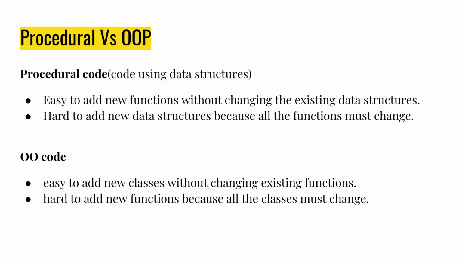The thing about this is that we have two approaches, procedural and object-oriented. With procedural code, it's easy to add new functions without changing the existing data structures, but it's hard to add new data structures because all the functions need to change.